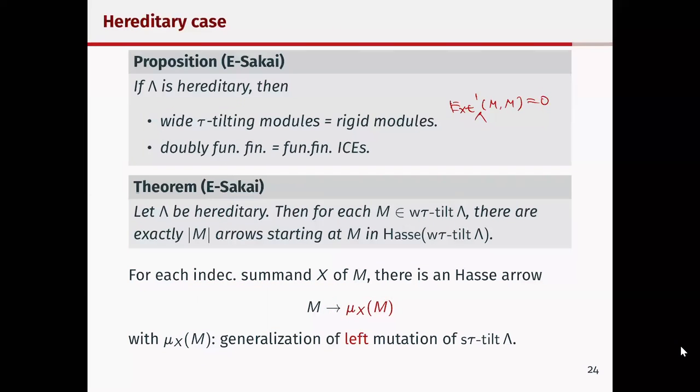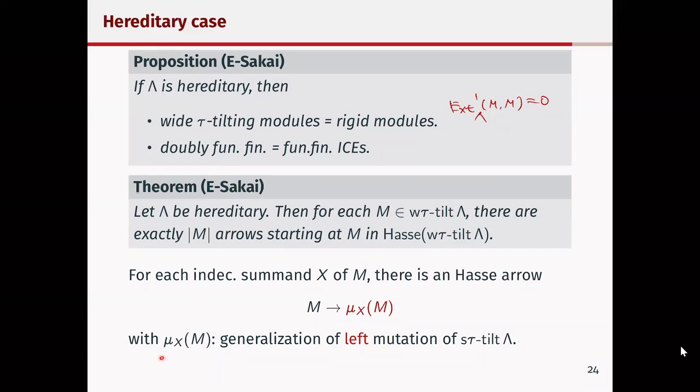And actually, this mu_X of M is a generalization of left mutation of support tau-tilting modules. In the situation of support tau-tilting modules, some direct summands correspond to left mutation, so we obtain a smaller one, and some correspond to a larger one. But in this case, every indecomposable summand corresponds to a smaller one. So this is a generalization: only left mutation occurs.